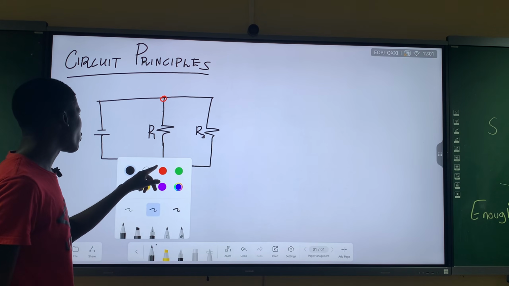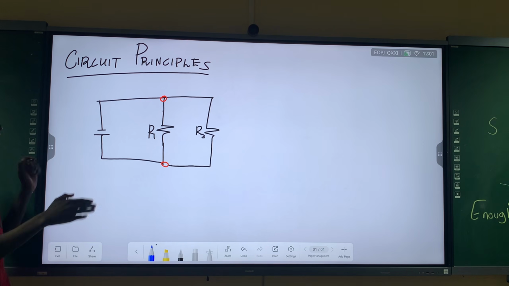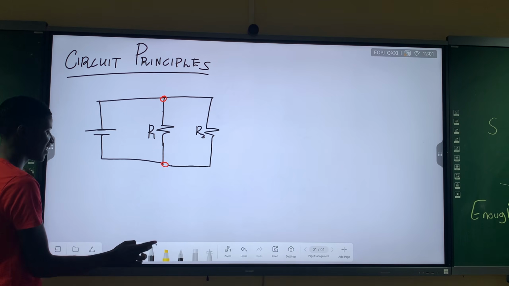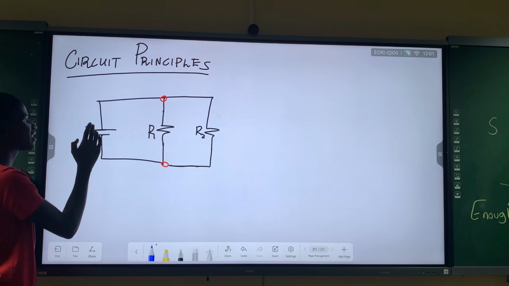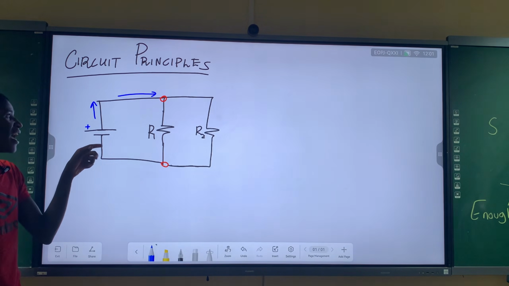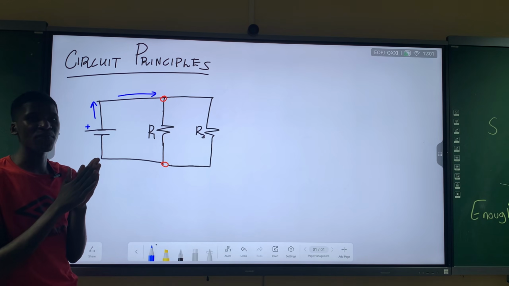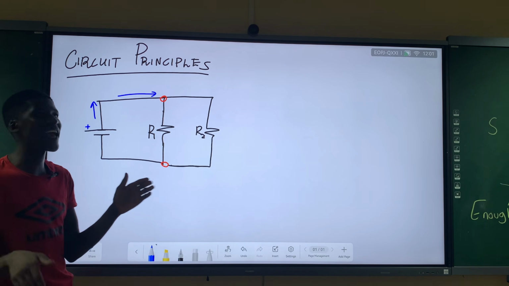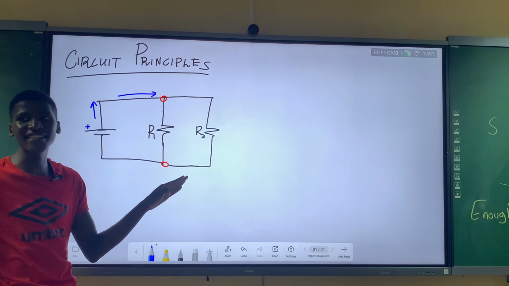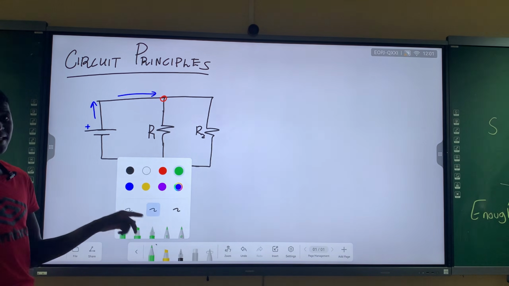We need to know the conventional direction of current. From what you know, we say the current goes from positive to negative, right? The conventional current direction is from the positive terminal towards the negative terminal. If the current reaches a node where there are separate wires, the conductor separates into two parts, so the current splits.